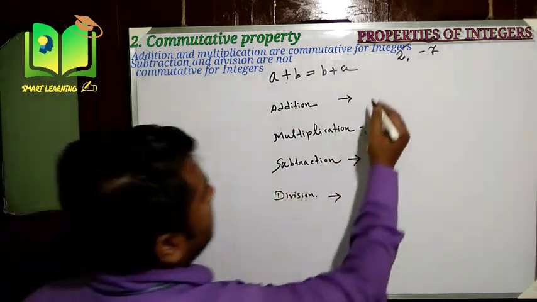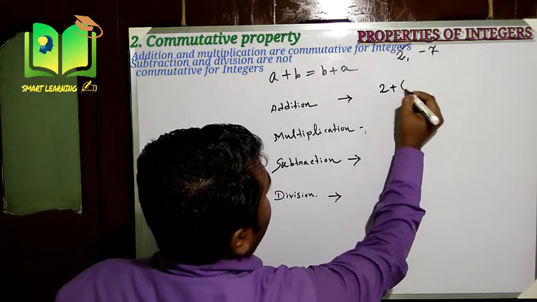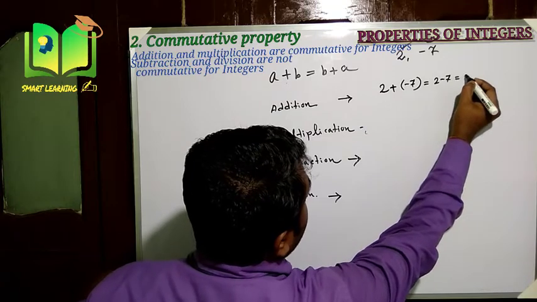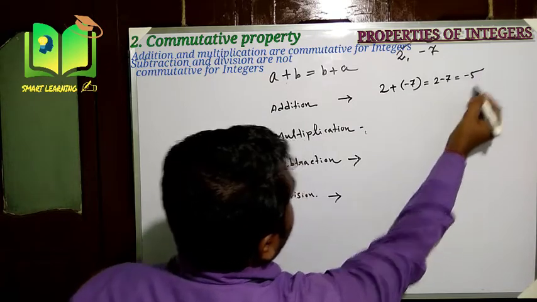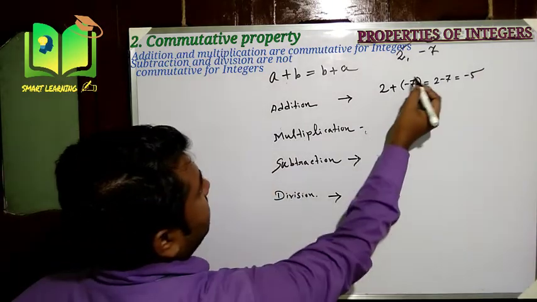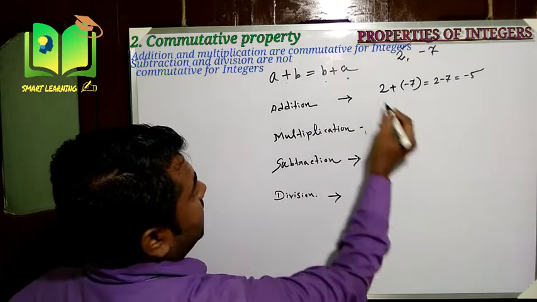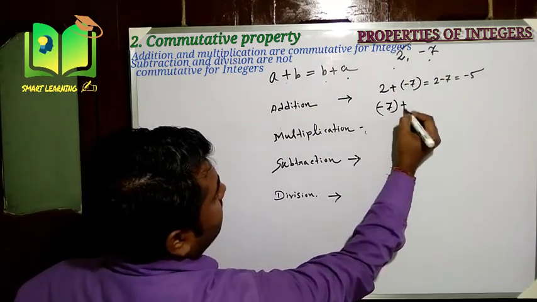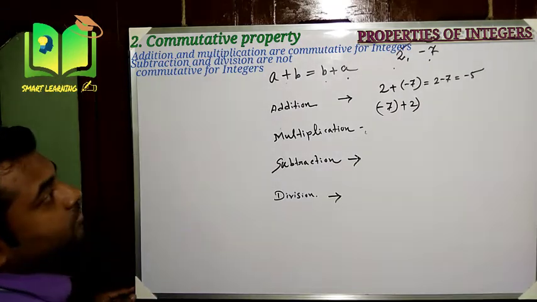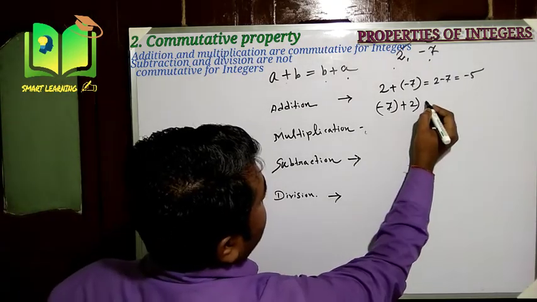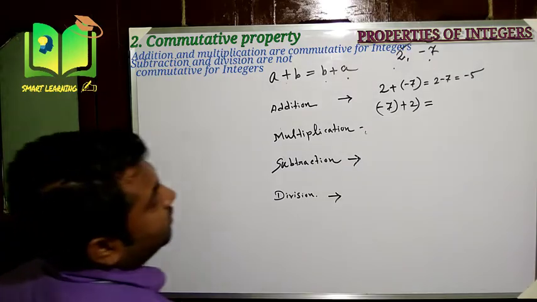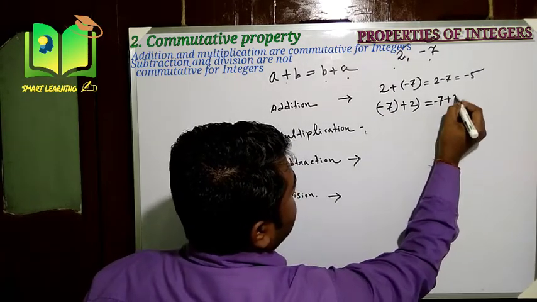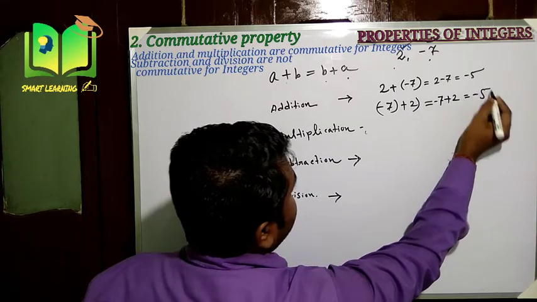So let's start. 2 plus of minus 7 equals what? 2 minus 7 equals minus 5. Next is b plus a, meaning minus 7 plus 2, which equals minus 5.